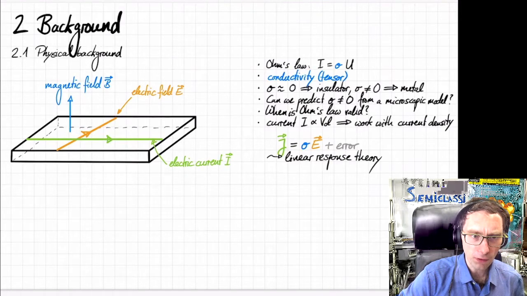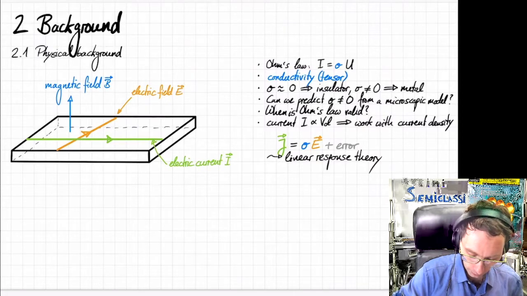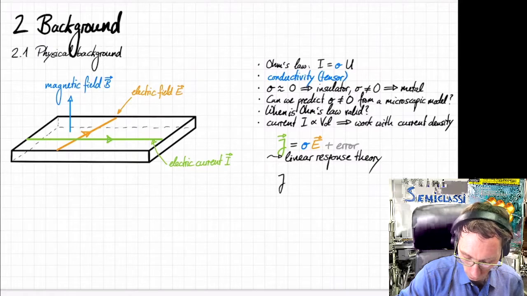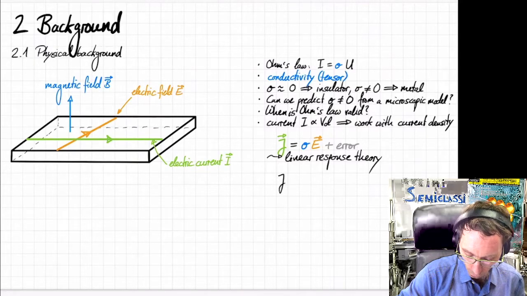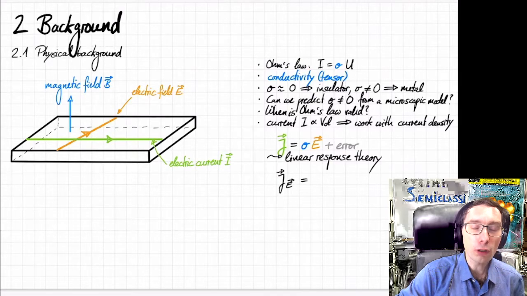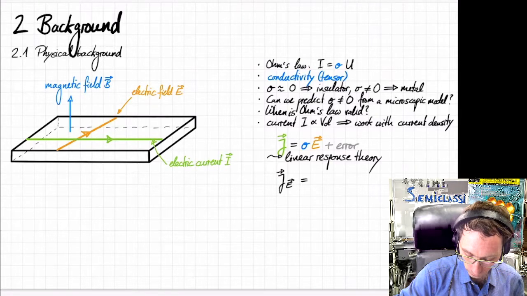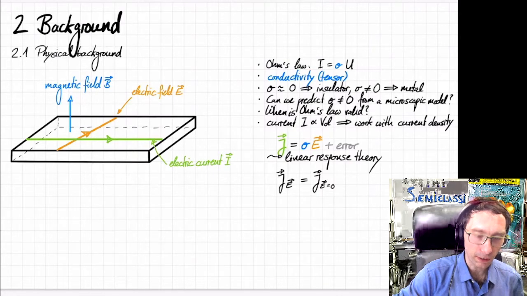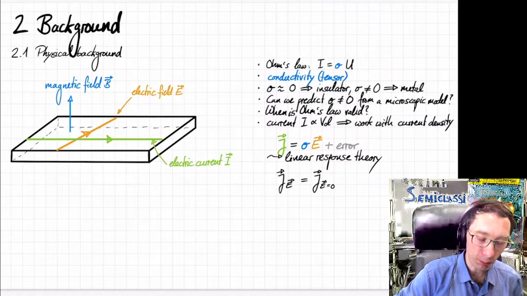And linear response theory, the idea is deceptively simple. You're saying that, okay, this current depends on the electric field, and I'm just doing a Taylor expansion. So of course I get a 0th order term, which is typically 0.